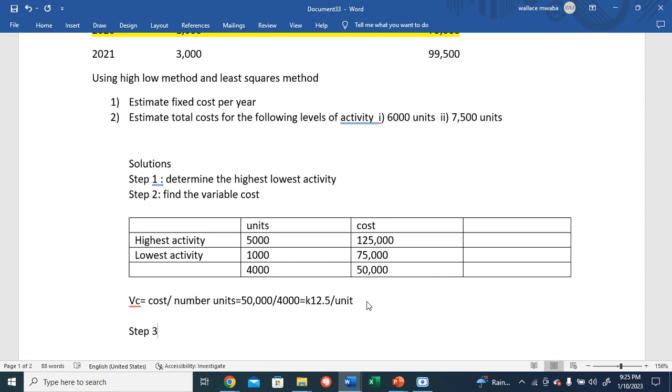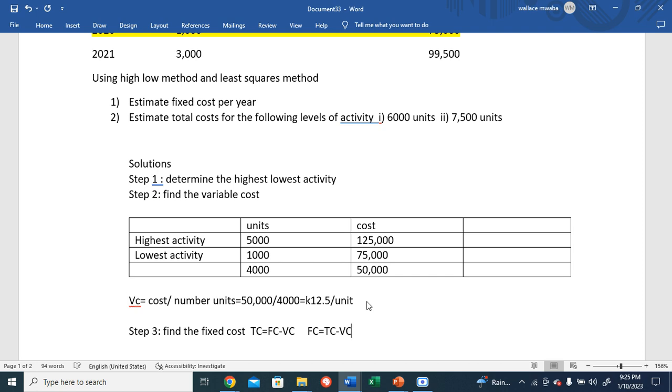Then step three is where we determine our fixed costs. Remember the equation: total cost equals total fixed costs plus total variable costs.